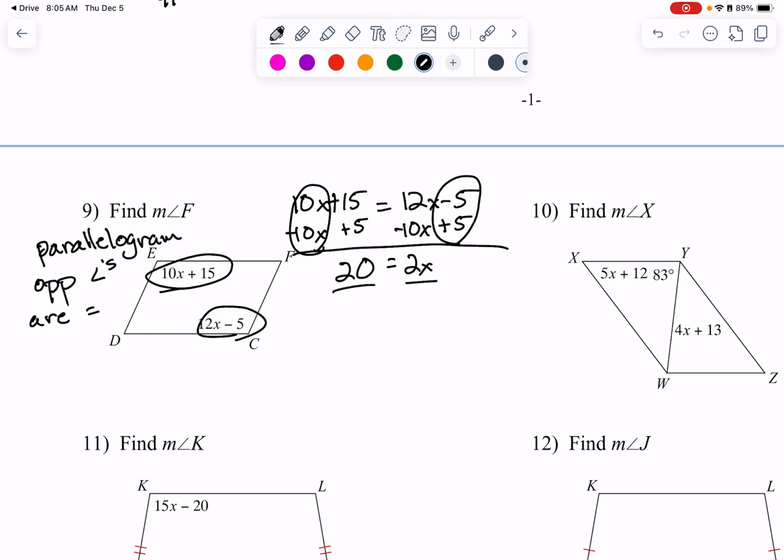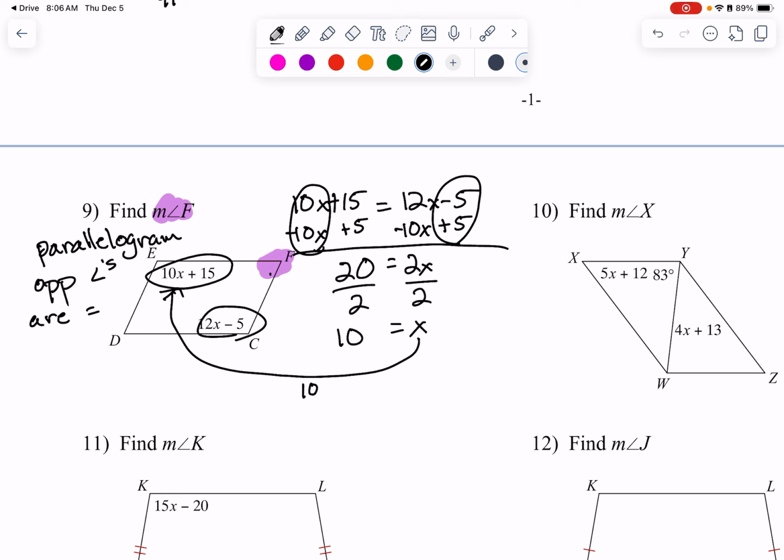And then what you can do is get x by itself, divide both sides by 2, and you'd have 10 equals x. But not done, not done. There's still more to do. We have to find angle F. That's this one here. So I still have a couple of layers to go here. I got to plug x into one of these and then use that information to find angle F.